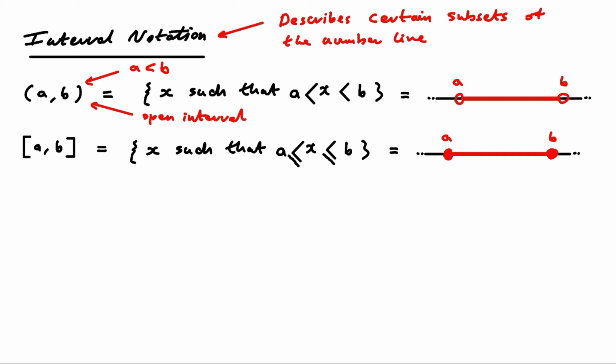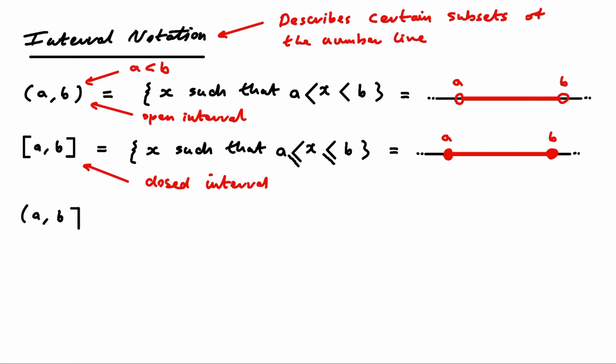Now at the same time, we can blend these two. There's no reason not to. So maybe I should just say this is called a closed interval. We could do basically the same thing, but let's imagine doing it with a curved bracket on one side and a square bracket on the other. What should that mean?